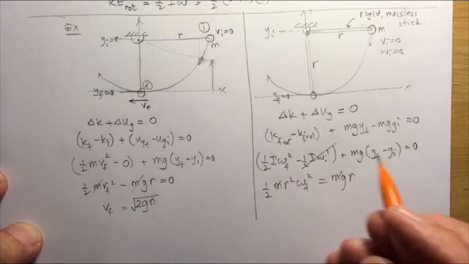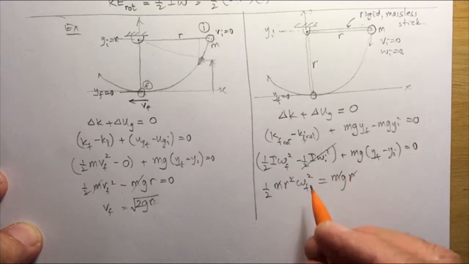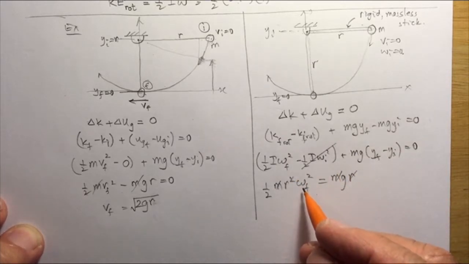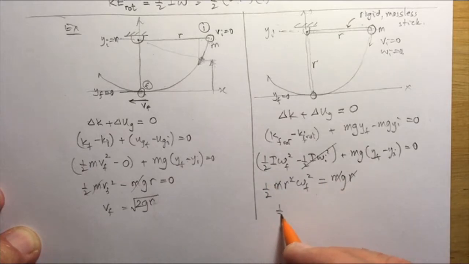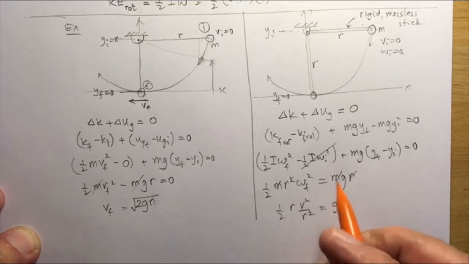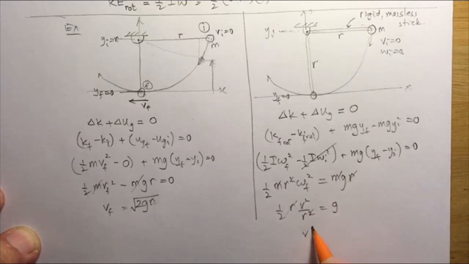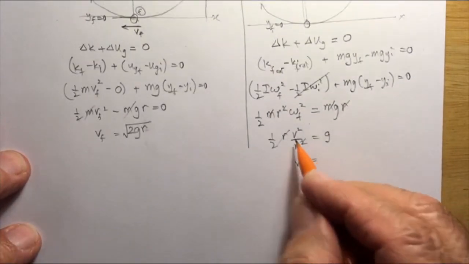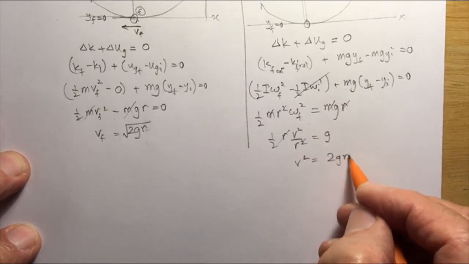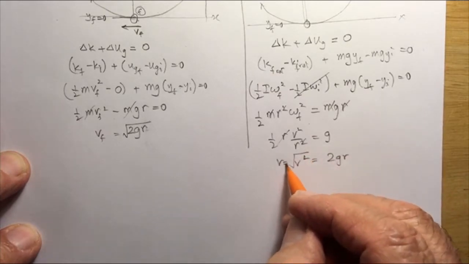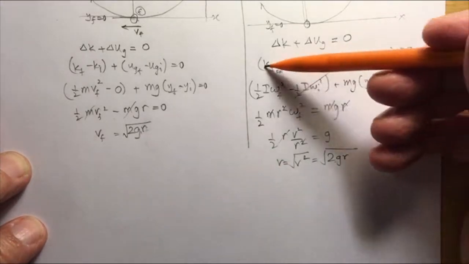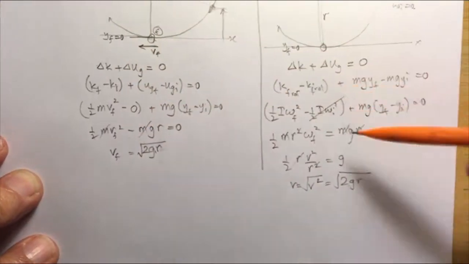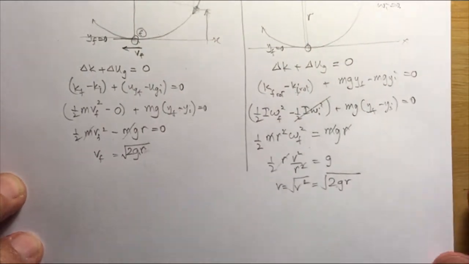The m's can cancel out, one of the r's can cancel out, and omega is going to be v over r, so we can write it as half v square over r square is g. One of the r's will cancel, and v square equals 2gr, and so v is the square root of 2gr, which is the same as before. So whether we go by this route or this, we should get the same answer, and we do get the same answer.